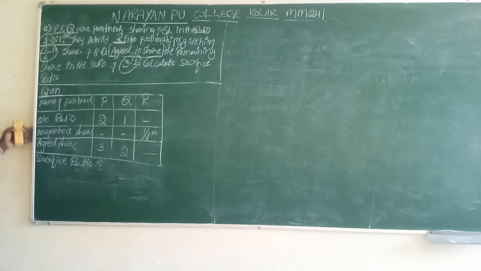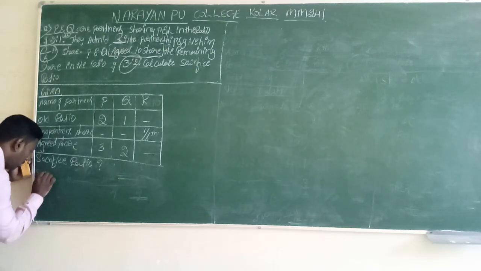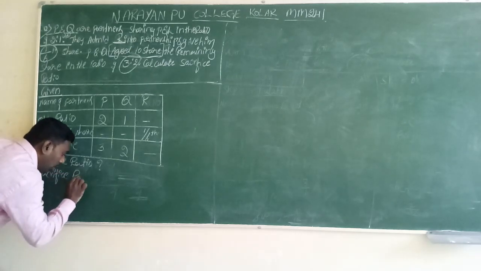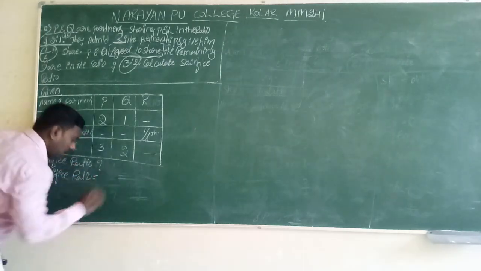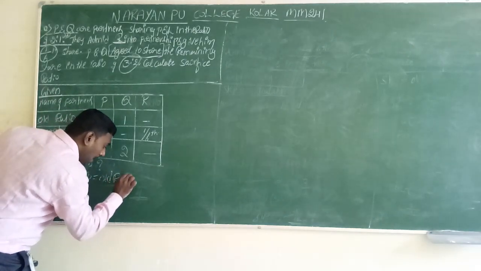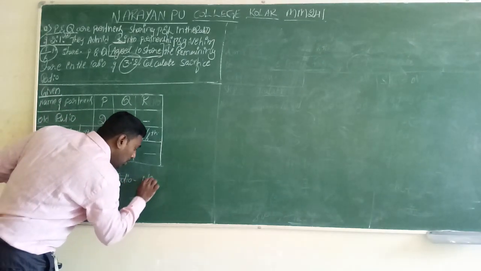This is the exact information which is available in our question. We want to calculate the sacrifice ratio. How to calculate it? The sacrifice ratio is equal to old ratio minus new ratio.